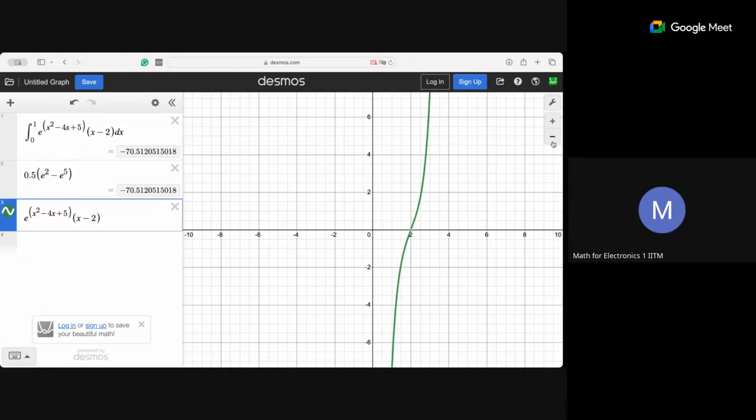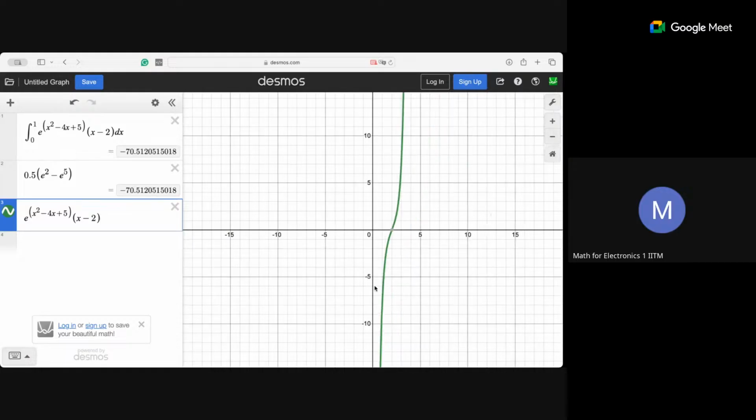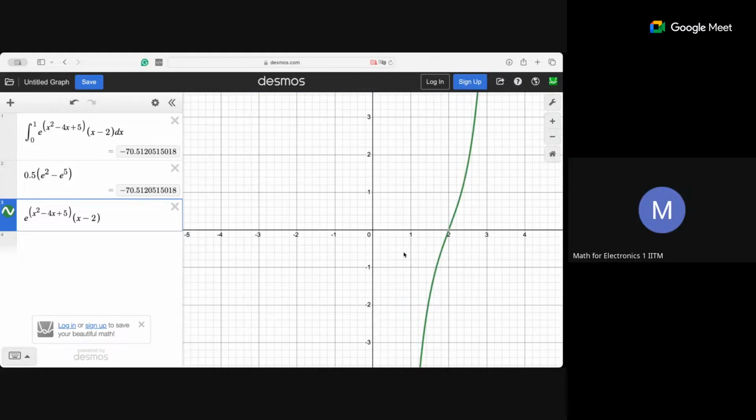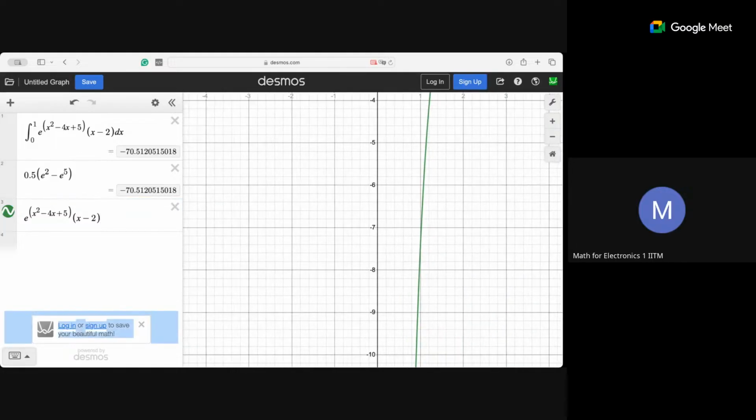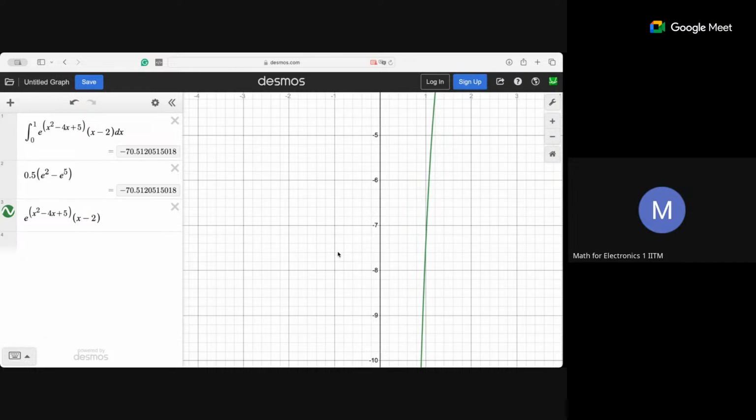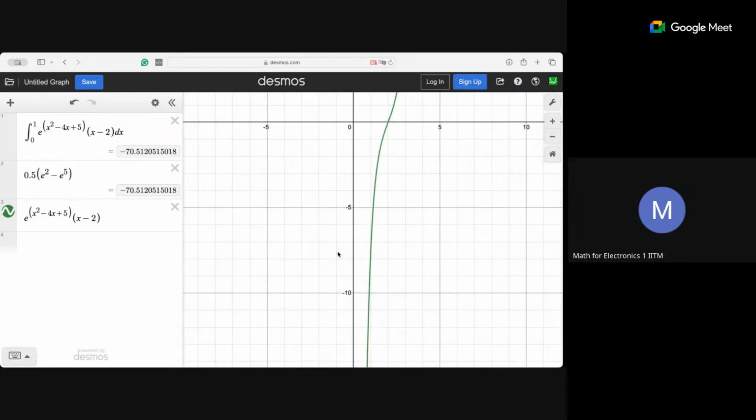you see how the curve looks, the green curve, and we are trying to compute the integral from 0 to 1. You can clearly see the curve is in the downside of the x-axis, and if you compute the area for this, it gives us a negative area, right?